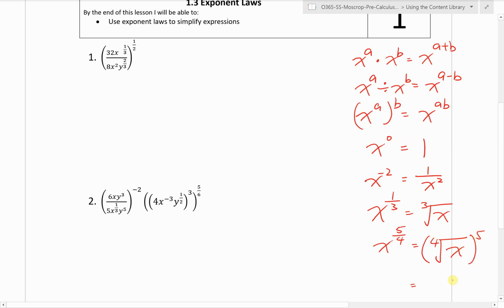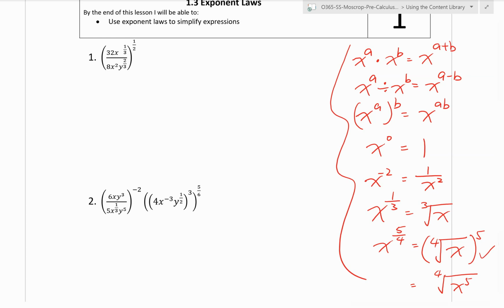Or of course, this is the same thing as the fourth root of x to the power of 5. Either way, they are the same thing. Again, when you're evaluating, this would be more useful. So these are the rules that we've learned so far. We're going to use these rules and apply them to the examples right here. So I have two examples for you today.